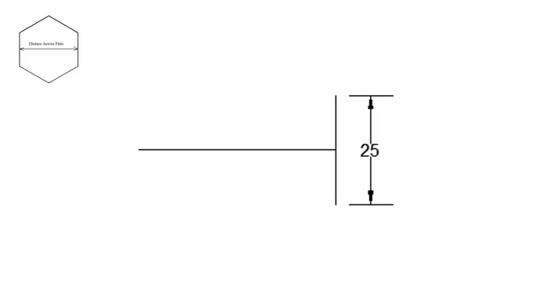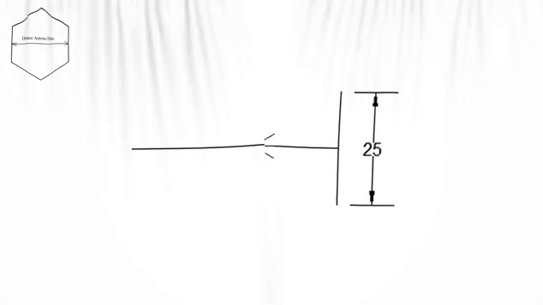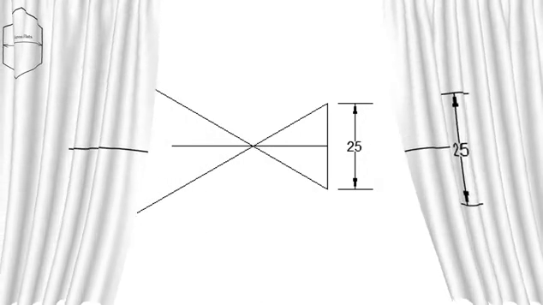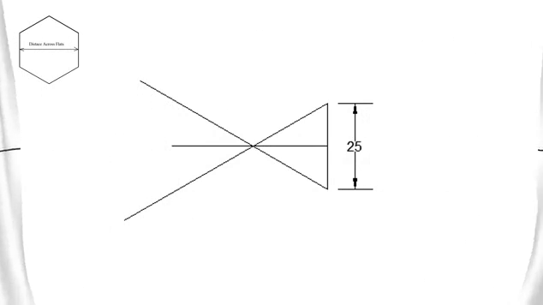It will also end up being the distance across the flats. Next, we shall draw 30 degrees lines from the top and bottom of the 25 millimeters vertical line as shown. Everything should be light and in construction lines.